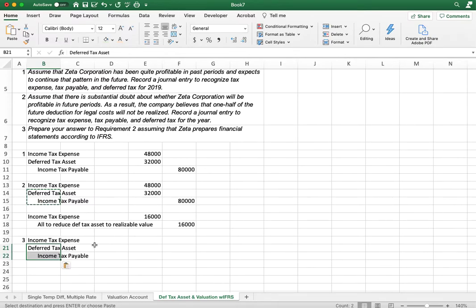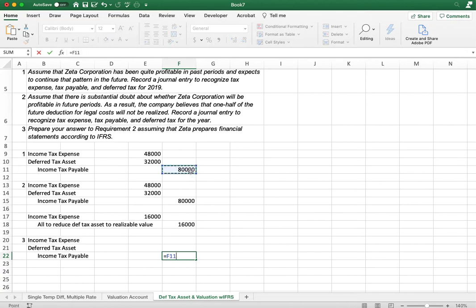And now it just looks slightly different because our tax payable stays the same, but our deferred tax asset is just going to initially be recorded as the 80,000 minus 1/2, so minus the 40,000 times our 40% tax rate.